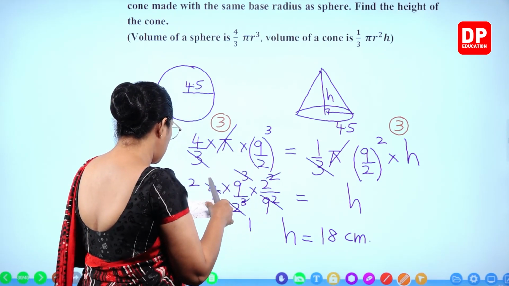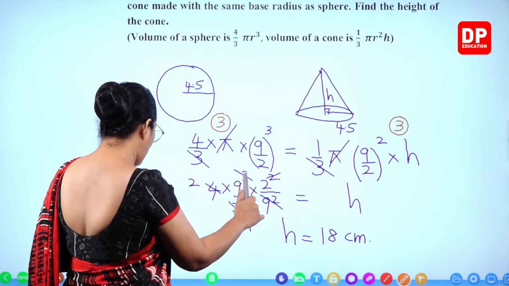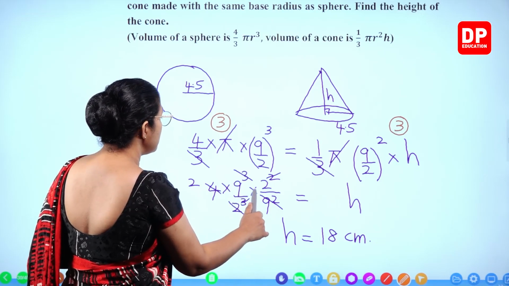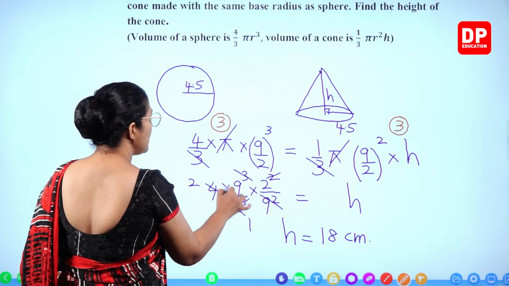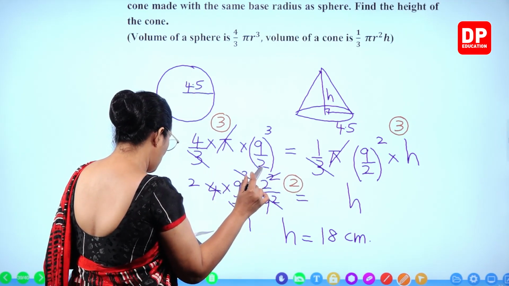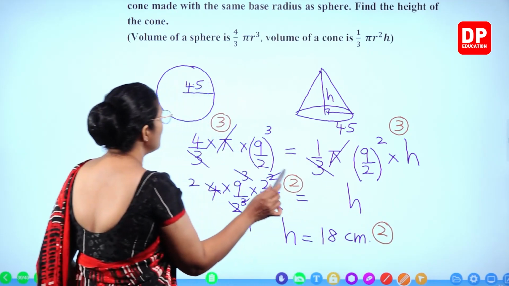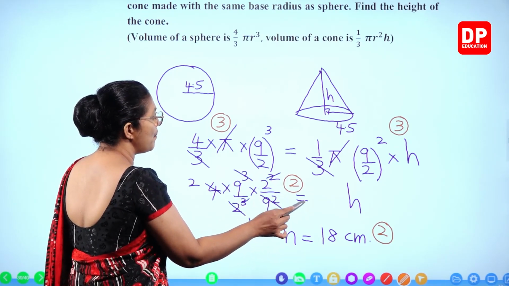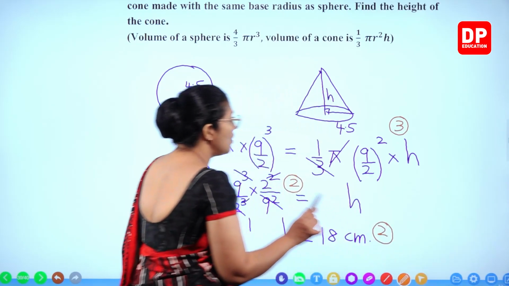And then making h the subject of the formula and writing it down, you get 1 mark here. So let's take 2 marks here and 2 marks for the final solution. So 3, 3, 6, 6 plus 2, 8, 8 plus 2, 10 marks for the whole question.